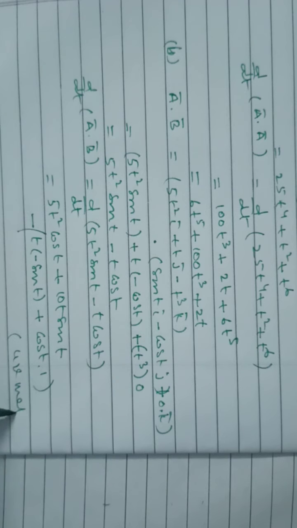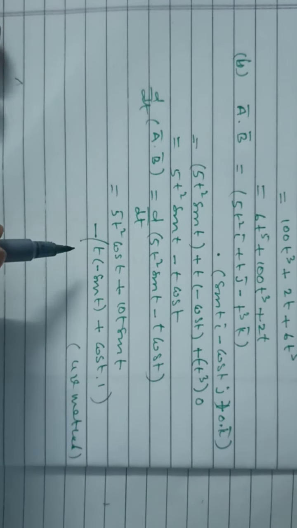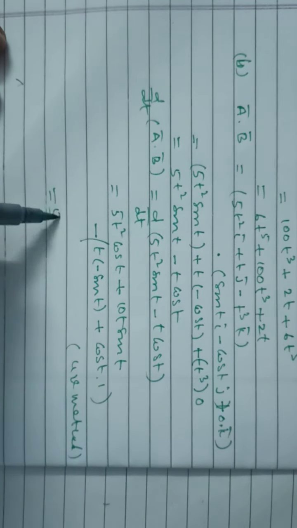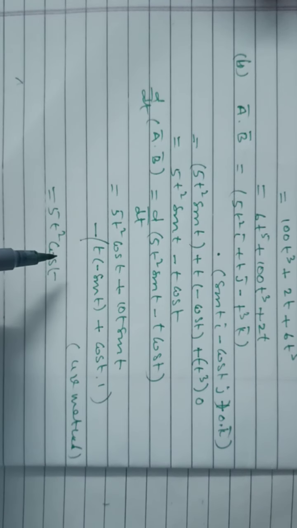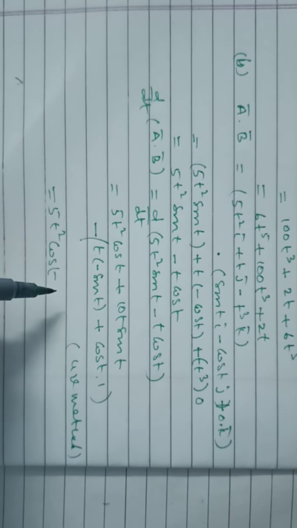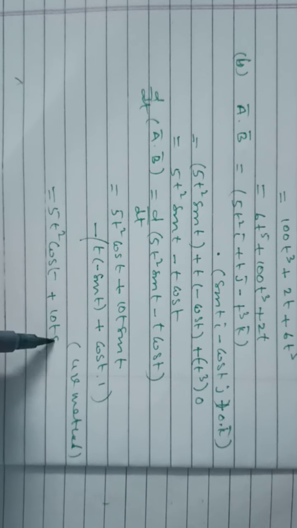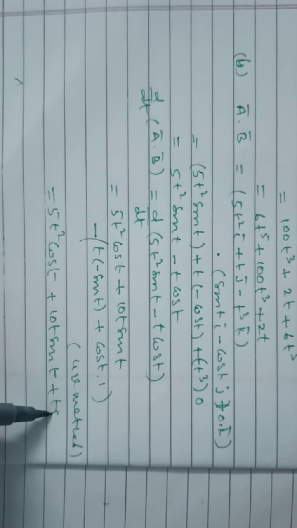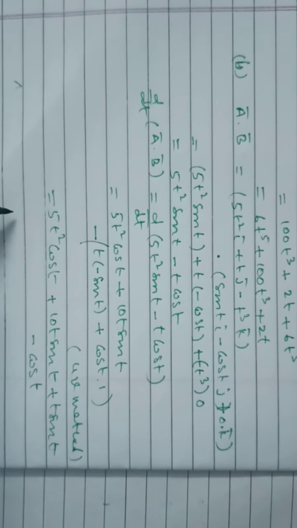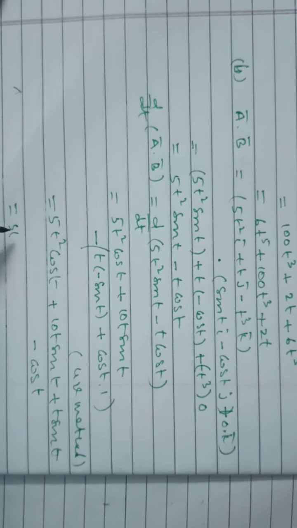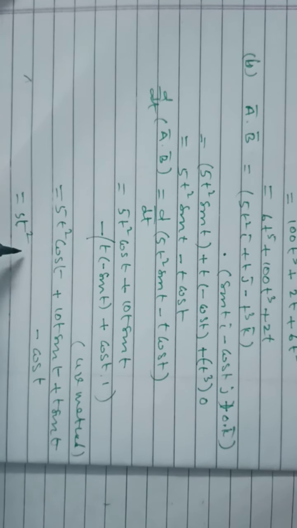So it is 5t square cos t plus 10t sin t plus t sin t minus cos t, which is equal to 5t square cos t plus 11t sin t minus cos t.